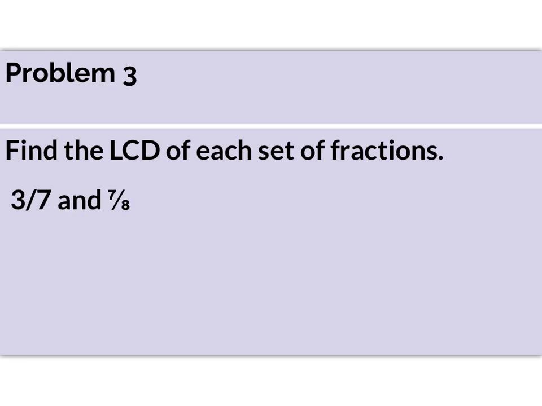Okay, so the lowest common denominator. When we're dealing with 3/7 and 7/8, I must run through my 7s and 8s separately. And I can tell this is going to go up a while.